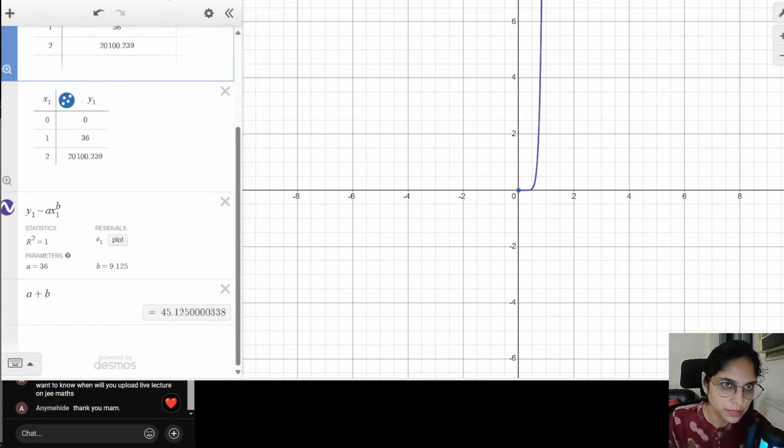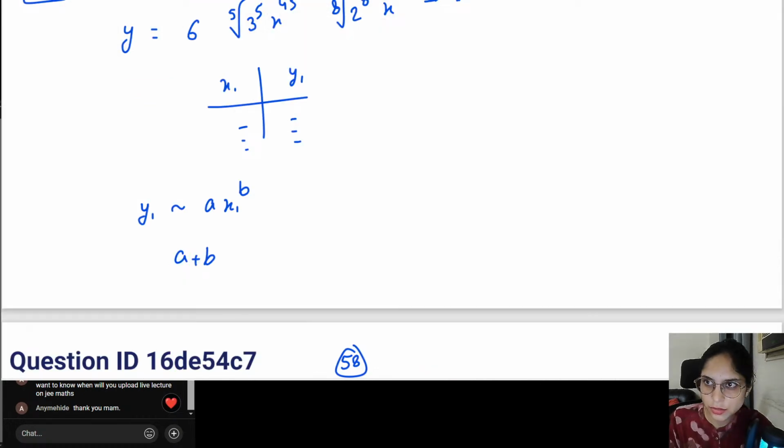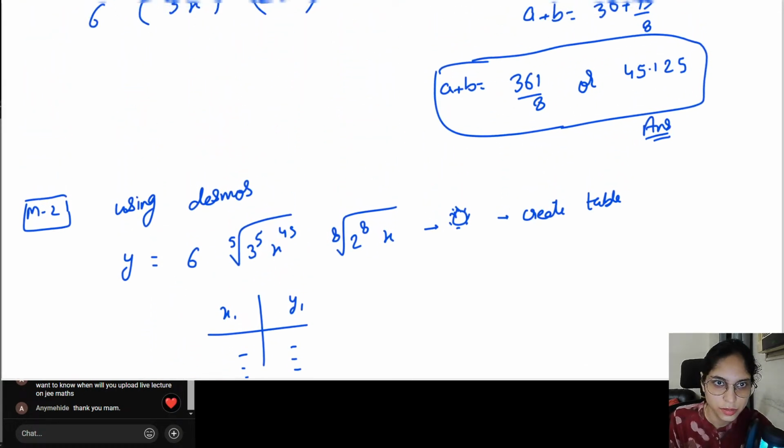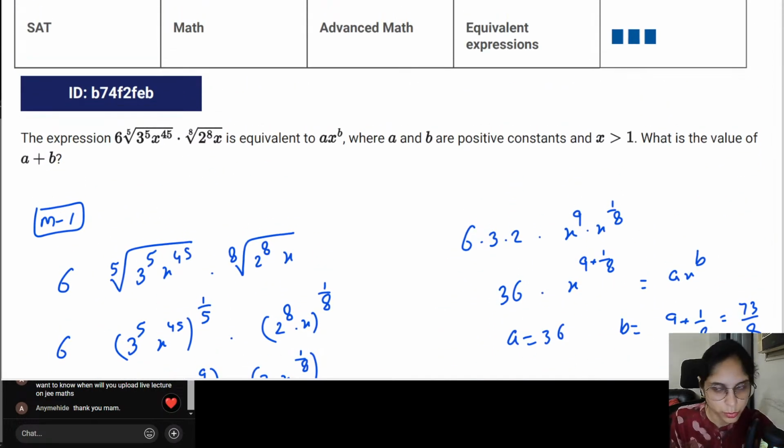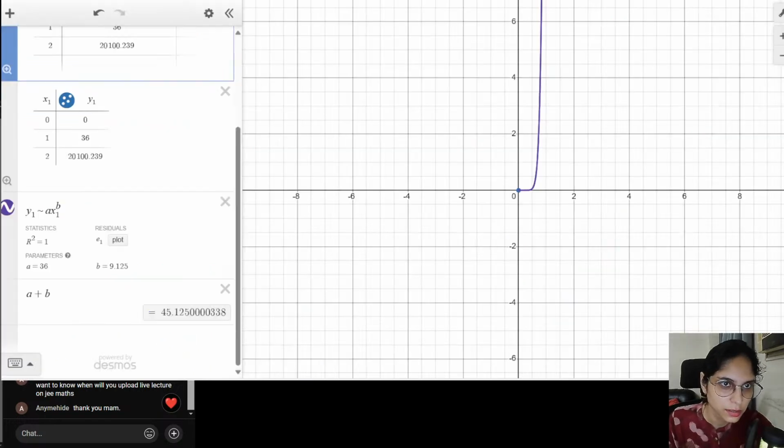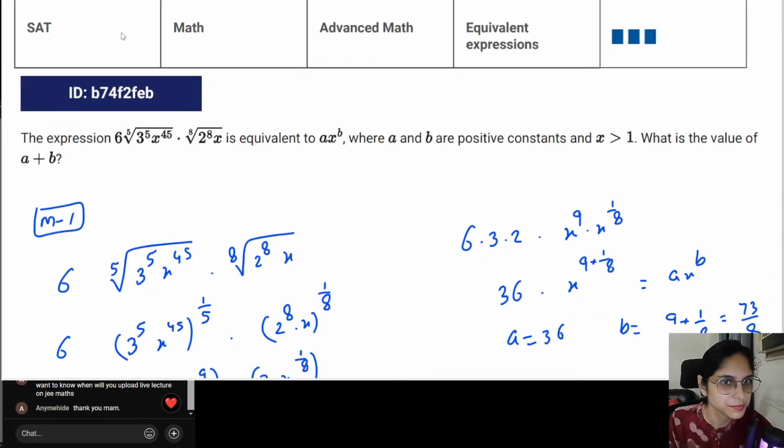And then just whatever they have given, y1 is a, x. And this you can do for all the questions. I'm not going over all the questions, but I will show you for one more question. A x1 to the power b. You are getting values of a and b. You just write a plus b because that is what they're asking. 45.125 is your answer.